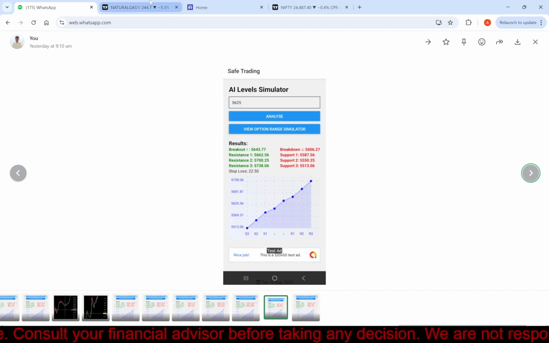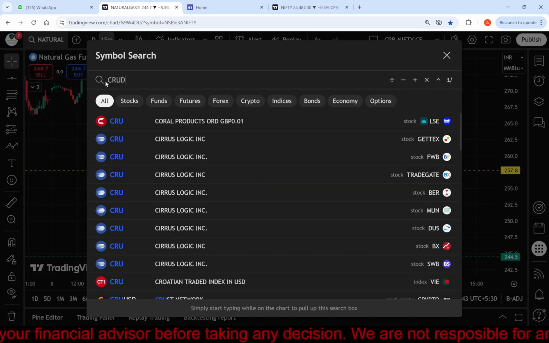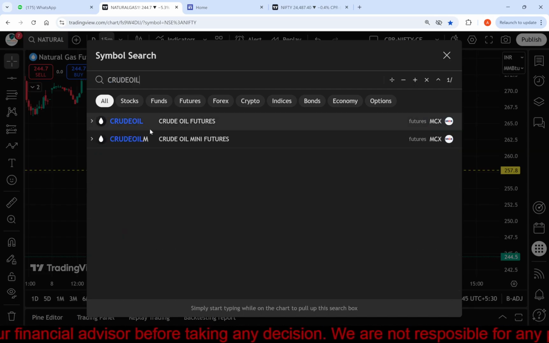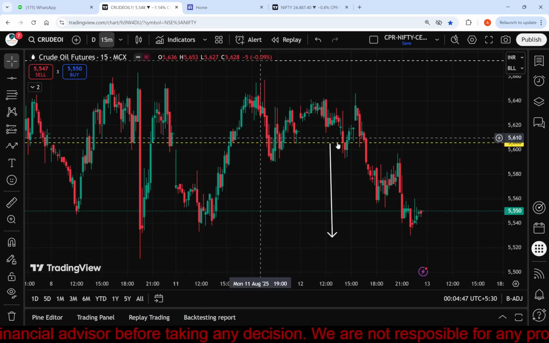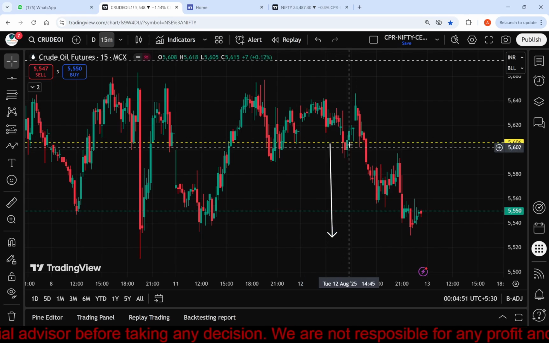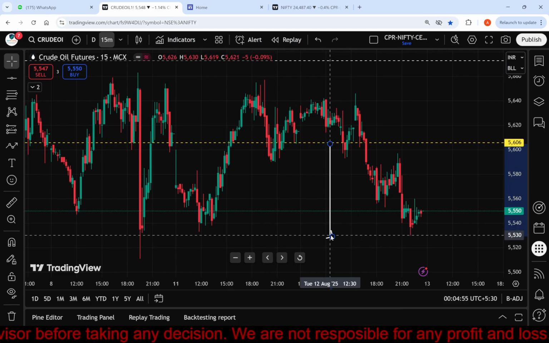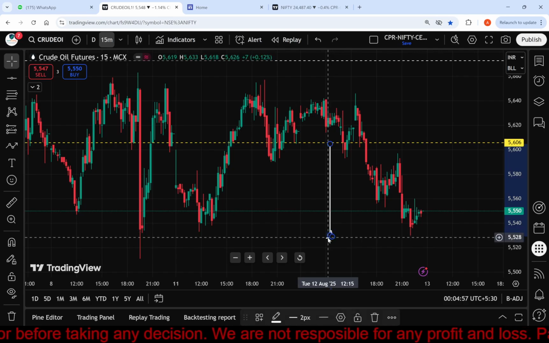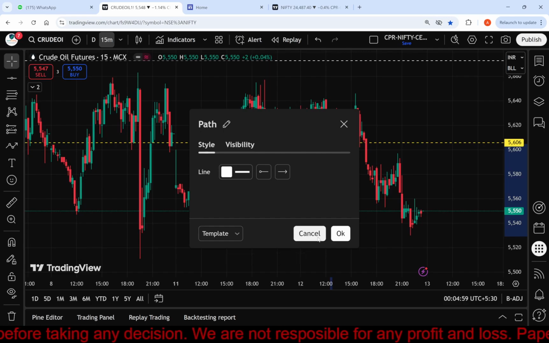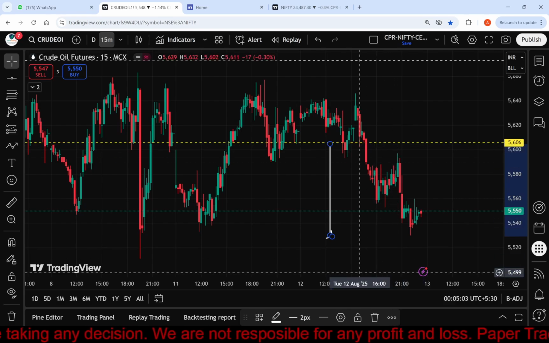The breakdown was below 5606, and if I open the crude oil chart here, after breaking 5606 it made a low of 5530, almost 80 points down from 5606.